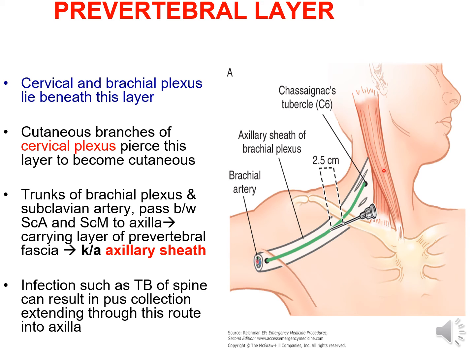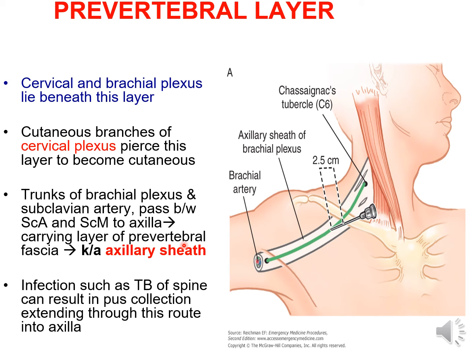Since the brachial plexus is lying deep to the prevertebral layer, it will carry this layer of prevertebral fascia along with it into the axilla. This layer is known as the axillary sheath. So the axillary sheath, as you have already read, is derived from the prevertebral fascia.